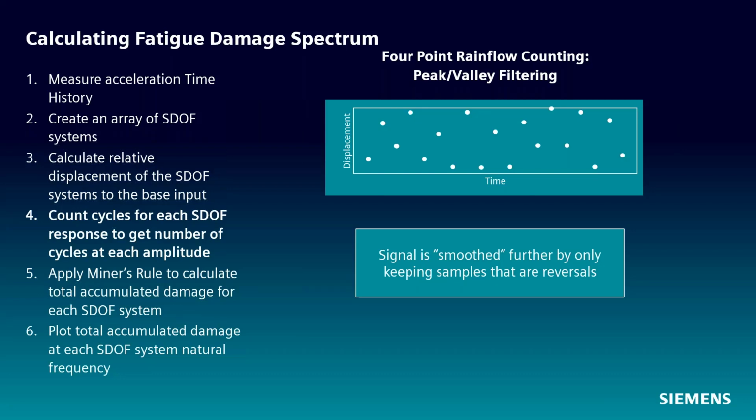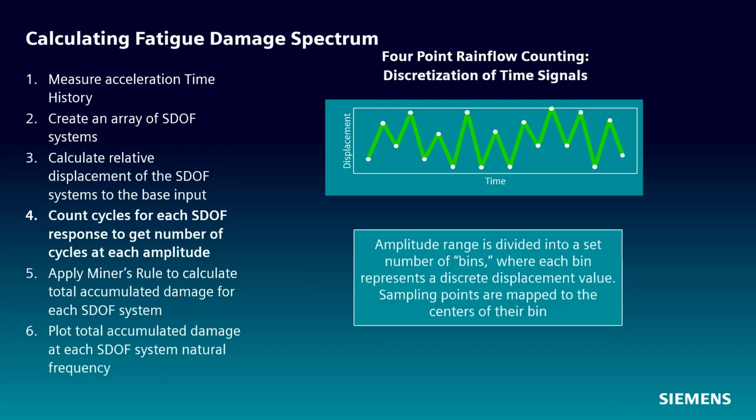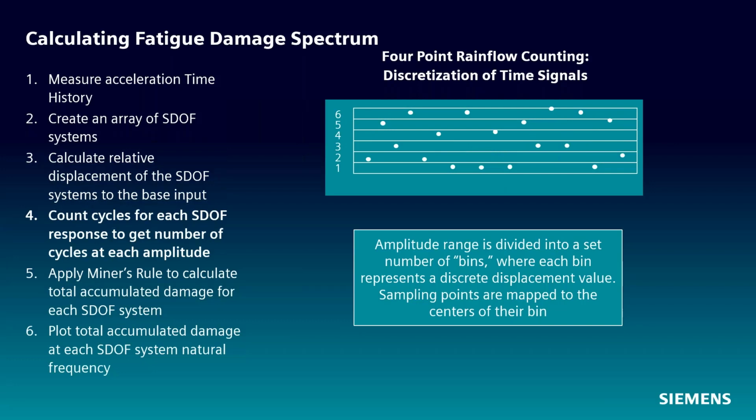And once we have all those turning points, what we do is further smooth the signal by binning these amplitudes. So what that means is we divide our displacement axis into a set number of bins, and then we move each one of these displacement values into the center of that bin.